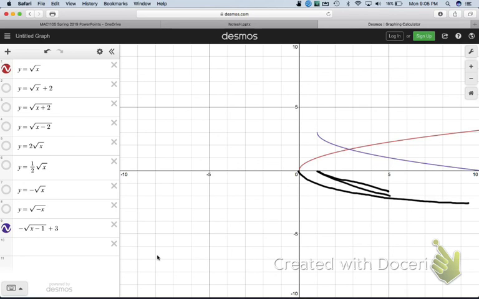Oops, I didn't do a very good job drawing that. And then I'm going to move it up 3. 1, 2, 3. And we get that final purple graph. It's that final graph that's in purple that we want. If it helps you, like I just drew, you can do each step one by one. Okay? But it's that final purple graph that we want as our final transformation.